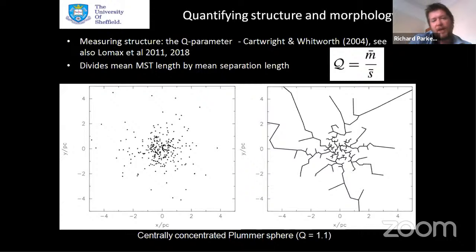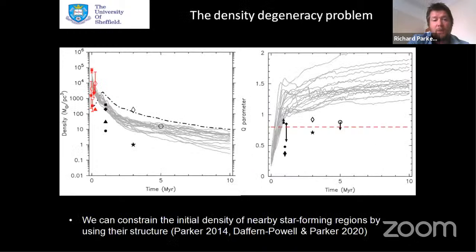What that enables us to do is follow the structure of the star-forming region over time and quantify it in a semi-meaningful way. So going back to the slide that I showed to begin with, we can trace the evolution of the median density of the star-forming region, but we can also trace the evolution of the structure. The plot on the right-hand side is showing the evolution of this Q parameter over time.